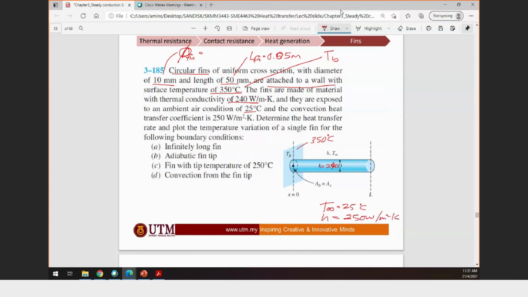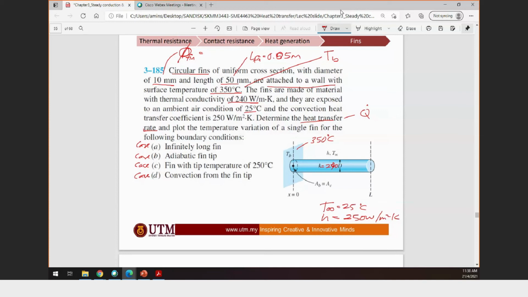First you need to determine the heat transfer rate, Q dot, and plot the temperature variation of a single fin for the following boundary conditions. This means this is your case A or case 1, this is case B, this is case C, this is case D. So this problem asks you to plot the temperature distributions as well as the heat transfer.